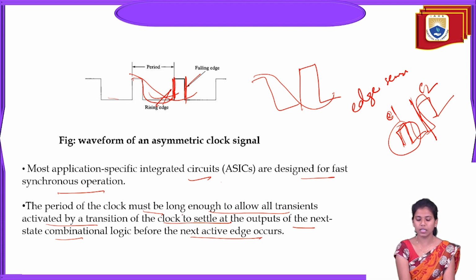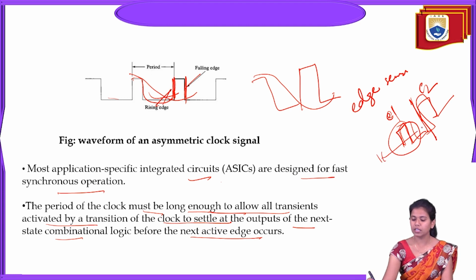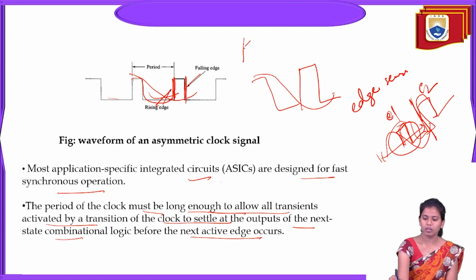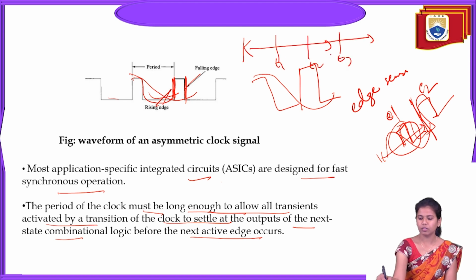So that is what it says here: the period of the clock signal must be long enough to allow all the transitions. Sometimes we see short periods, where the transitions occur in short intervals of time, for example T1, T2, T3.